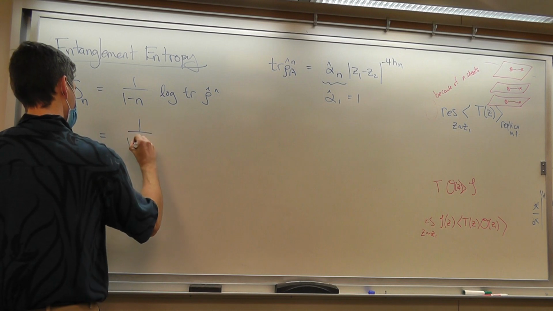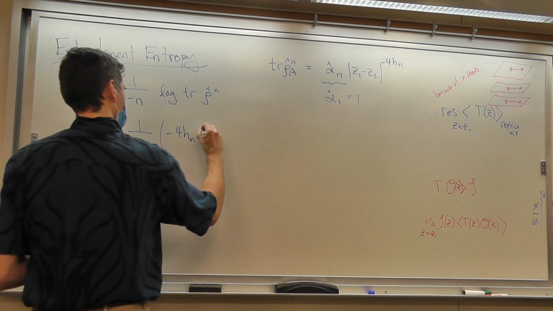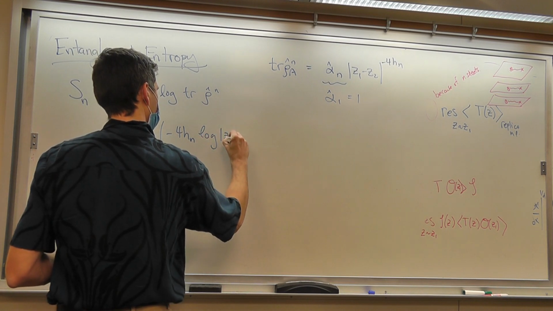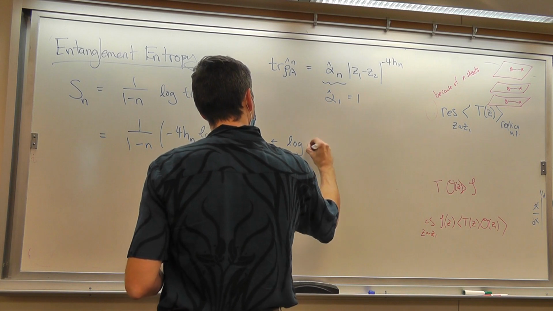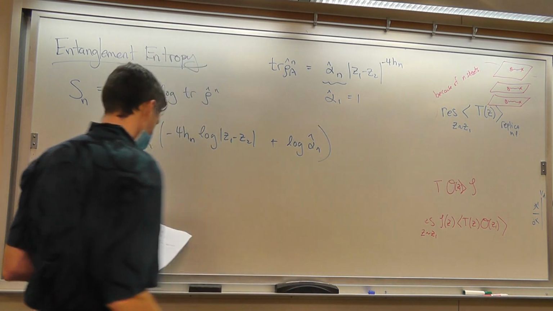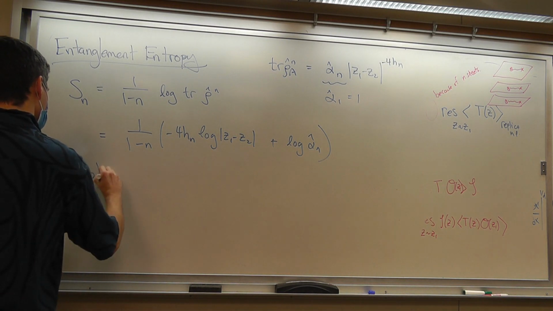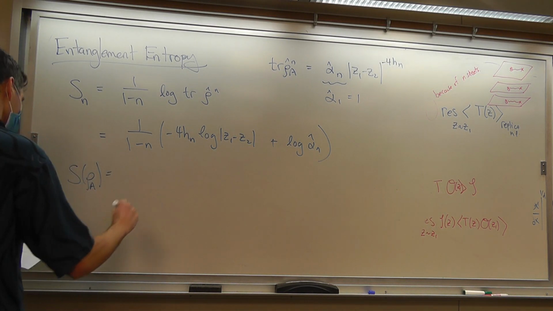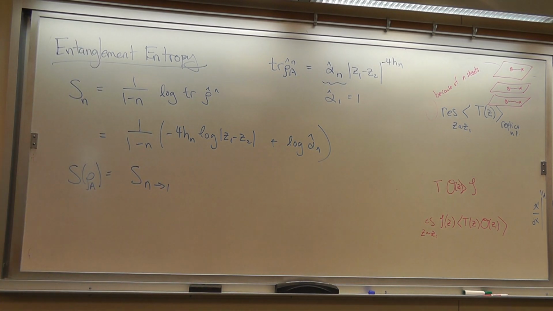So this is 1 over 1 minus n times minus 4 h_n log absolute value z1 minus z2 plus log alpha n hat. And so the von Neumann entropy S of rho A is the Renyi entropy in the limit n goes to 1.